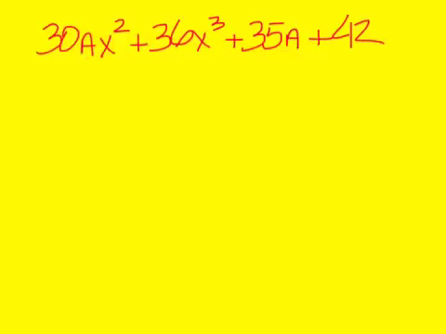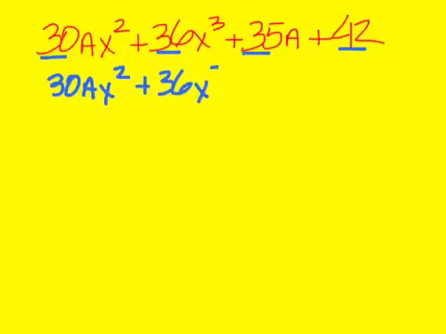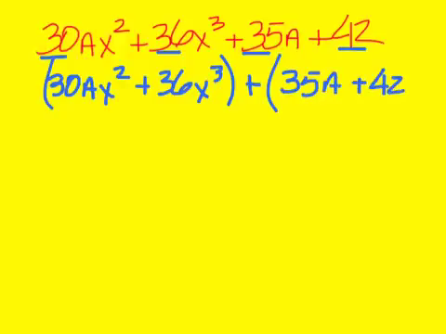Alright, so I'm going to pick 2 terms here, and it looks to me like since I can get a 6 out of each of these and a 7 out of those, I'm going to give that a try first. So it's 30ax squared plus 36x to the 3rd. Put that in parentheses, and they're all positive, so the signs won't matter this time. 35a plus 42.